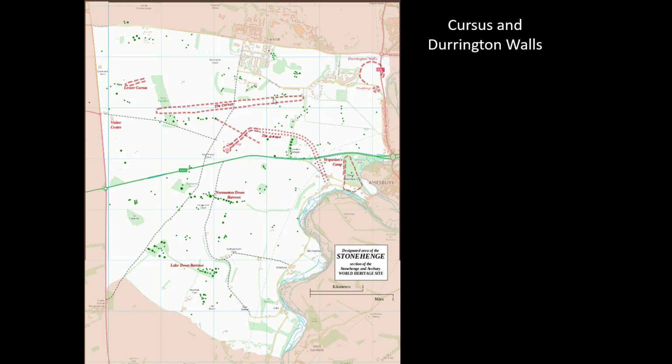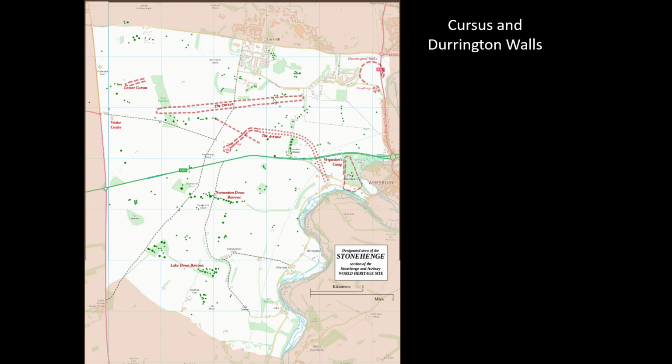Now, the construction of the Cursus is actually believed to predate that of Stonehenge, somewhere between 3630 and 3375 BCE. And this was 3 kilometers long and 100 feet wide. And here's a crazy thing, okay? Dug by hand.